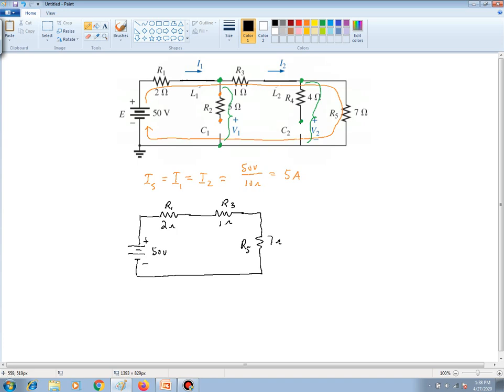Now V1 is the junction from here to ground.